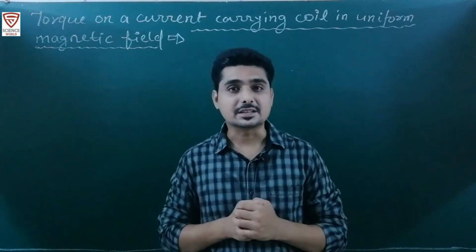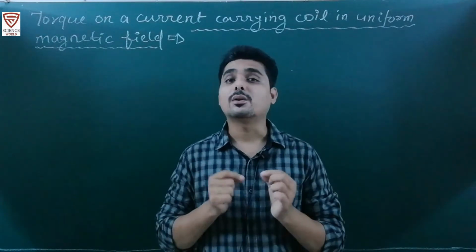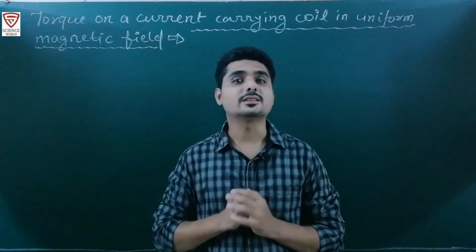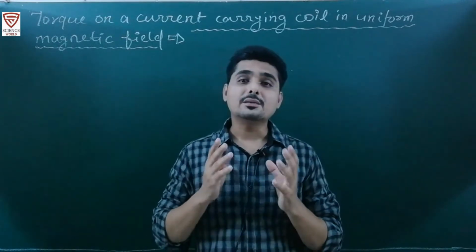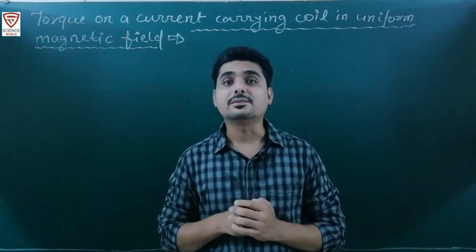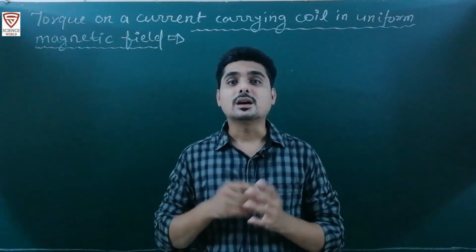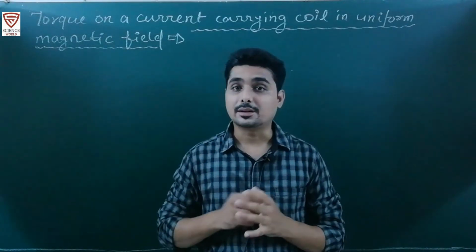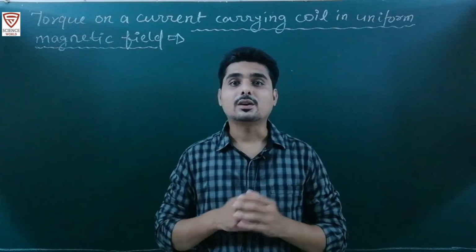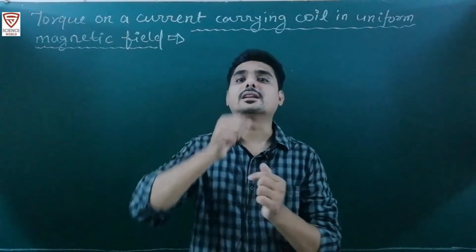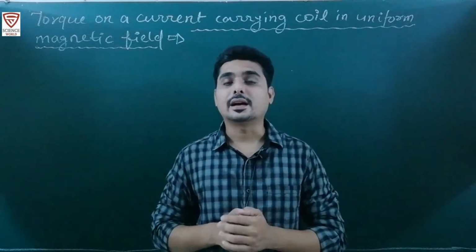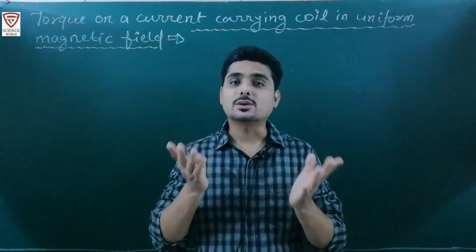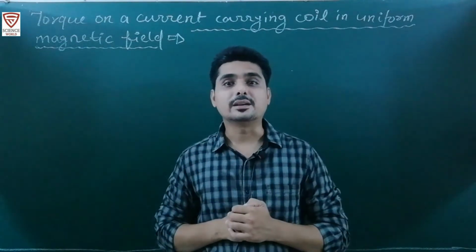So in today's lecture we are going to discuss what happens when a current carrying coil is placed in a uniform magnetic field. Whenever a coil carrying current is placed in a uniform magnetic field, a torque acts on that coil. And what is the tendency of torque? Torque always tries to rotate anything. So due to this torque, the coil starts to rotate, and this torque tries to bring the coil parallel to the magnetic field.